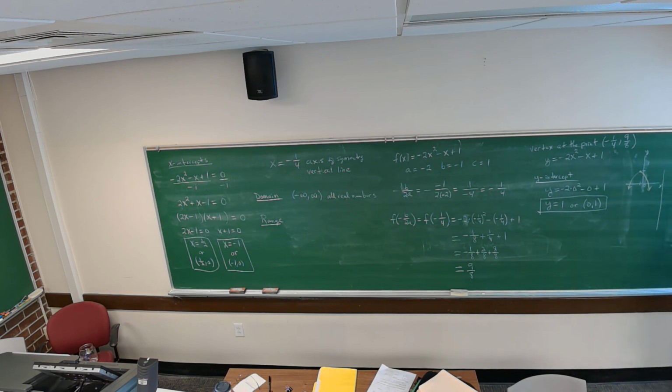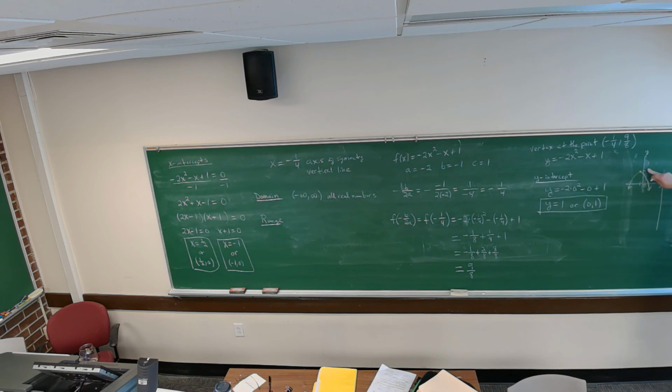Remember, the domain's all the x coordinates in the graph, and there's no minimum x coordinate, there's no maximum x coordinate, and the graph of the function is continuous, so the domain is all real numbers, from -infinity to infinity. But the range is limited.